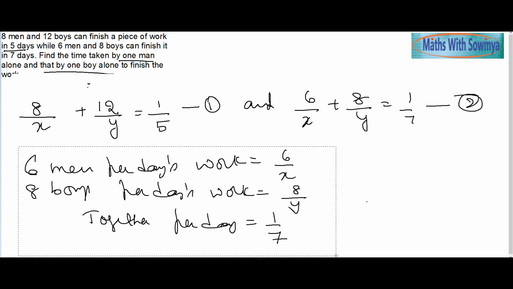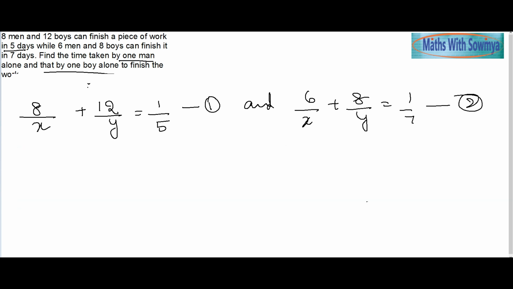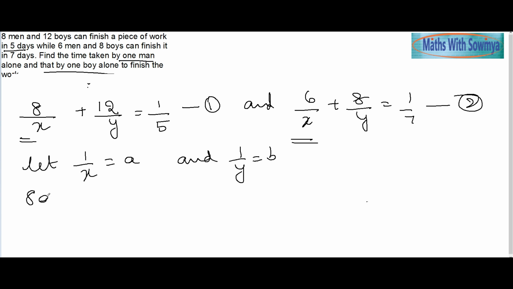Now it is simple. Whenever we have variables in the denominator of the same type, we let 1 by x be equal to a and 1 by y be equal to b. So I write 8a plus 12b is equal to 1 by 5.